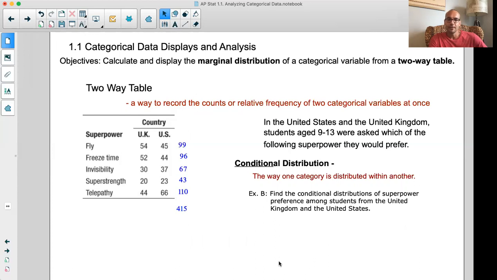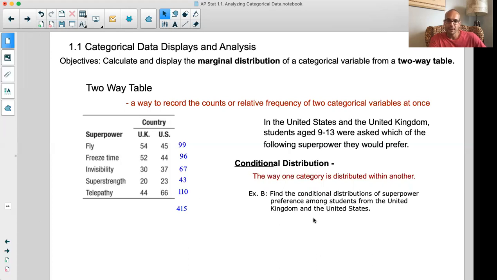If you start talking about conditional distribution, this one I had an easier time with because, well, let's read the question. Find the conditional distributions of superpower preference among students from the United Kingdom and the United States. So we're looking for conditional distributions of superpower among students from the United States or the UK.